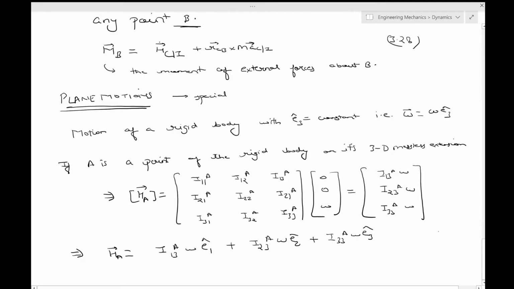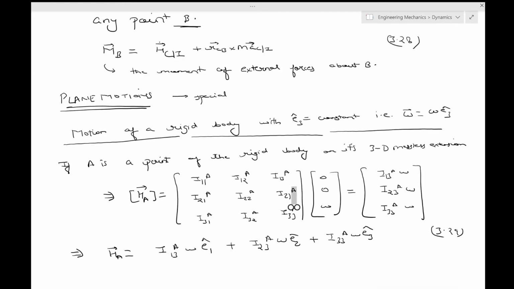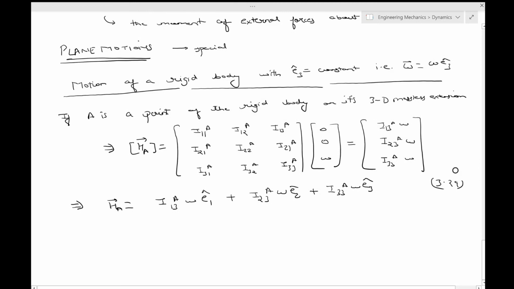This is equation 3.29 for this special case, motion of a rigid body with E3 constant. So you can see that HA is not parallel to omega even in this plane motion case, because if it was, it would just have a component along the E3 direction, so it's not.